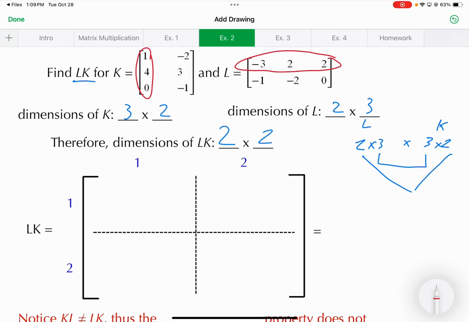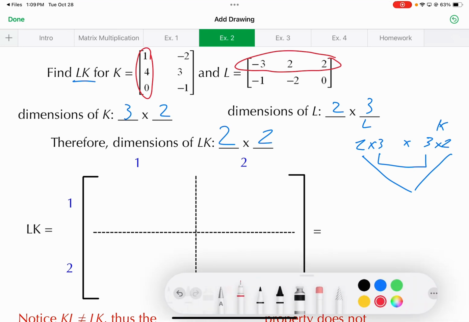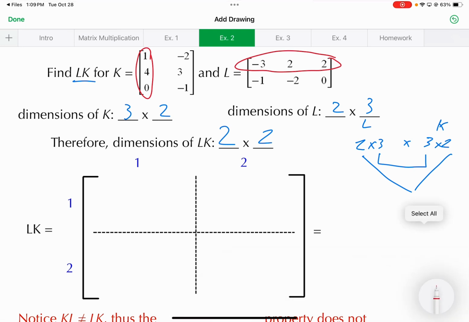Based on how we had our information, we're doing things a little differently this time, so we just got to be careful with that, okay? But still, I multiply all those corresponding elements by each other, okay? So, all right, so I would do -3 times 1 plus 2 times 4 plus 2 times 0.